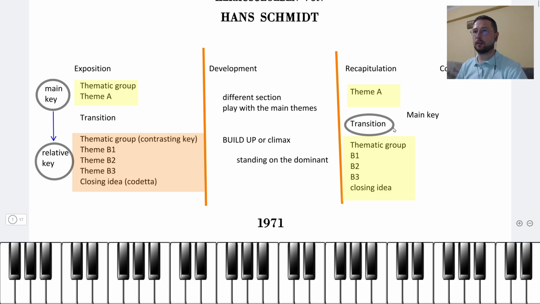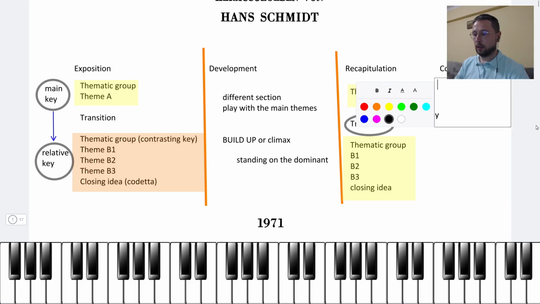And in some cases, like in Mozart's C minor sonata, he actually introduces a new theme there to provide a little bit of variety. And after that, well, the coda, as its name says, it's just the ending. And it usually provides a conclusive cadence to end the movement.